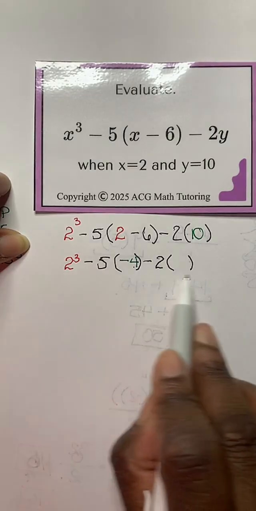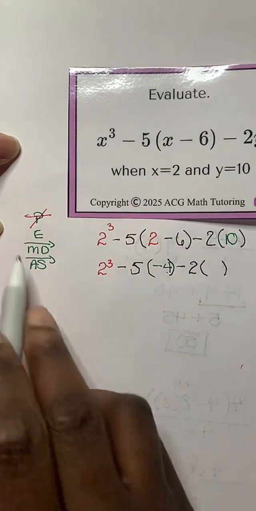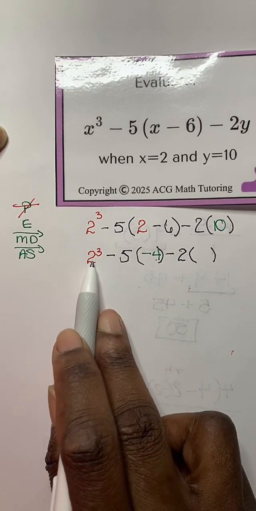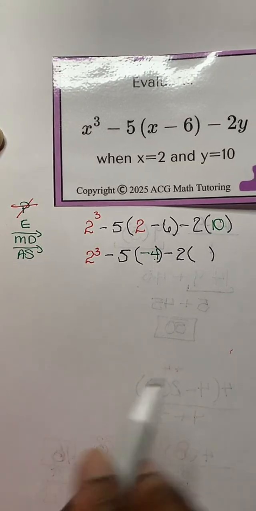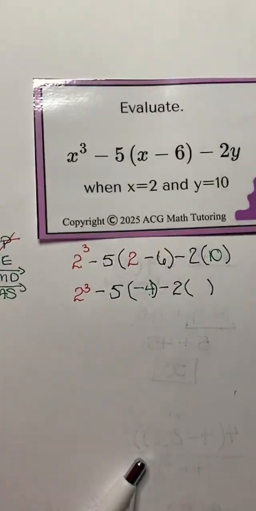So again, from left to right, we already took care of the parentheses, so that's done. We need our exponents. Well, we have one exponent right here. So 2 to the third power, that is not 6. Okay, 2 to the third power is 2 times 2 times 2.